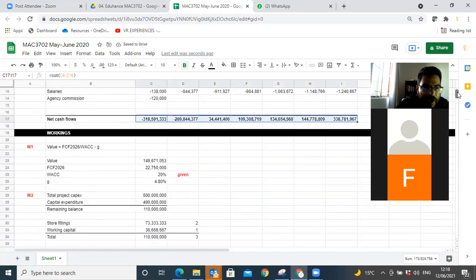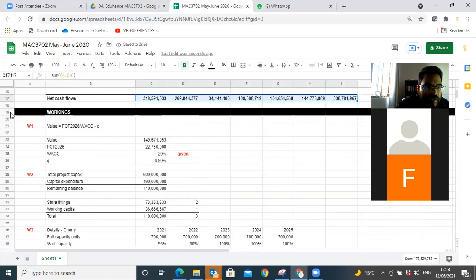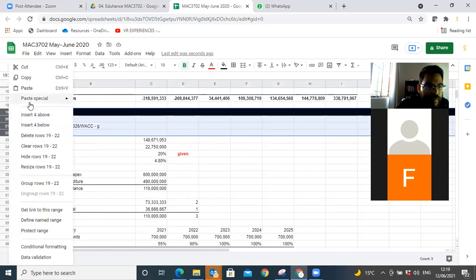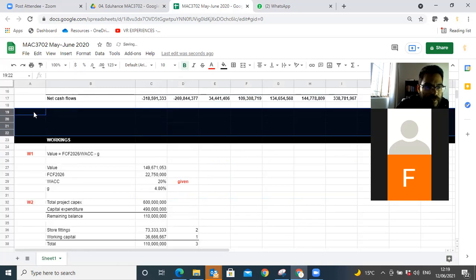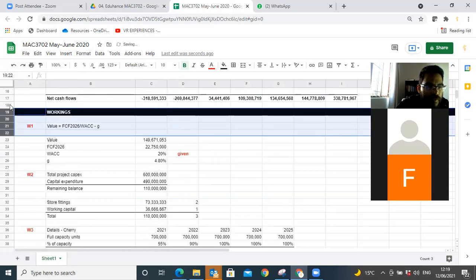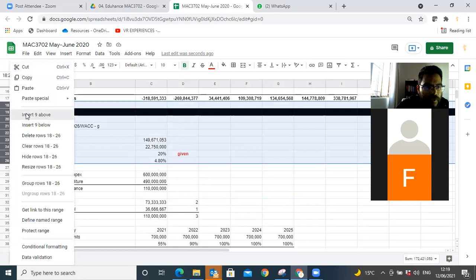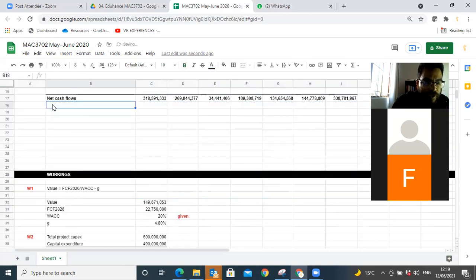okay, so now we're going to need a discount rate. So you want to get the present value. So here we have the discount rate. They told us it is 20%.